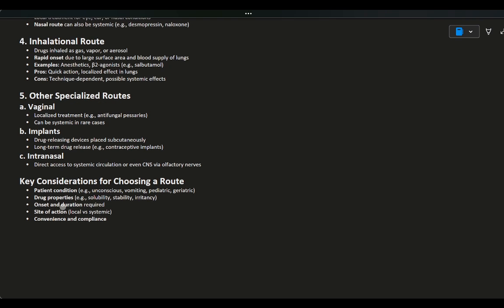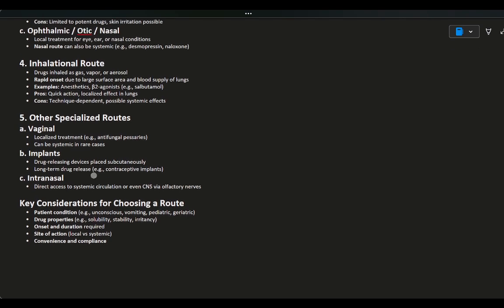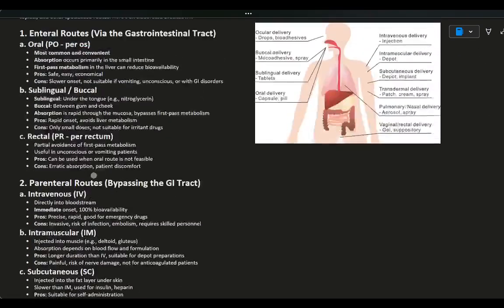Consider the onset and the duration that would be required to provide effective treatment. Also, the site of action, whether the pathogen or any other factor that's causing the disease is more localized or more systemic. And lastly, consider the convenience and compliance for these drug administrations.